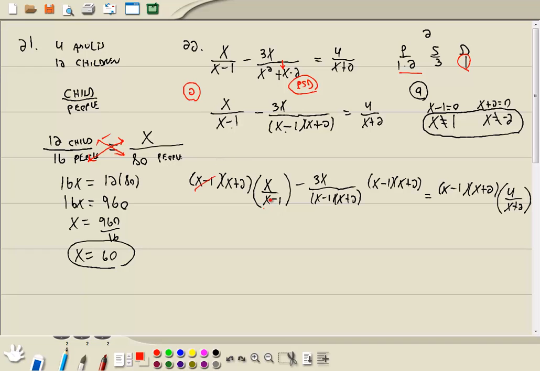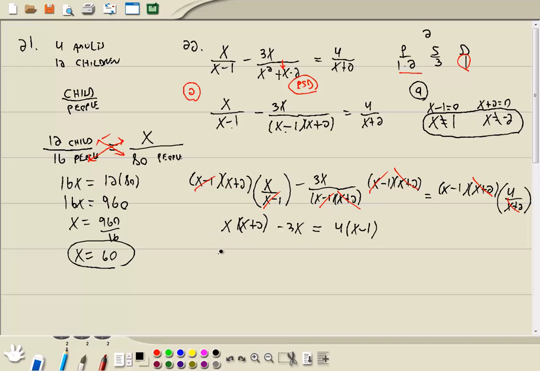And this x minus 1 cancels that x minus 1. This x minus 1 cancels that x minus 1. This x plus 2 cancels that x plus 2. And over here, these x plus 2s cancel. So we're left with x times (x plus 2) minus 3x equals 4 times (x minus 1).